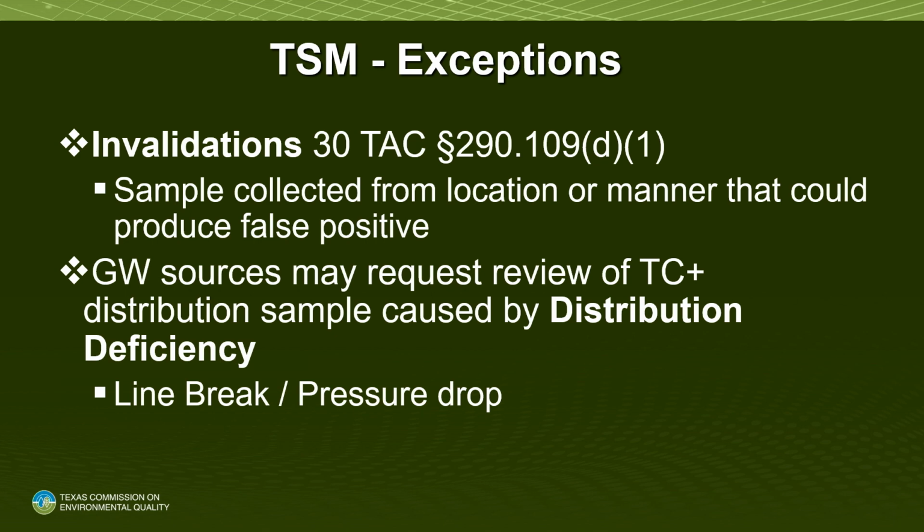It's kind of like an invalidation, but a little different. Basically, these are the only two ways you could get out of that trigger source monitoring other than the 4-log treatment. And these are fairly rare. I don't know if y'all dealt with these processes, but there's not a huge rate of granting these types of situations, but it is in the rule, and it's available if you ever have any questions about it.